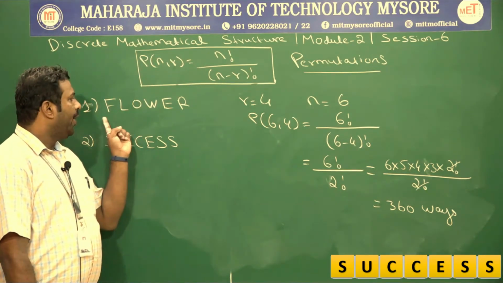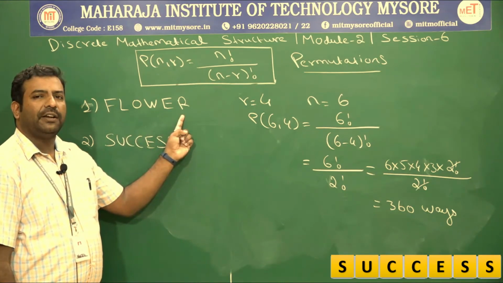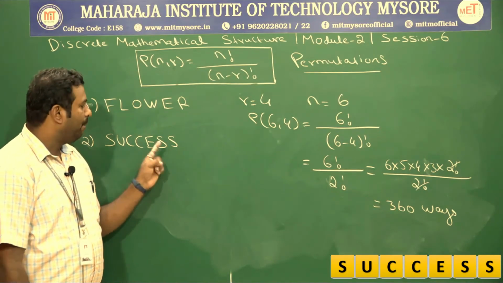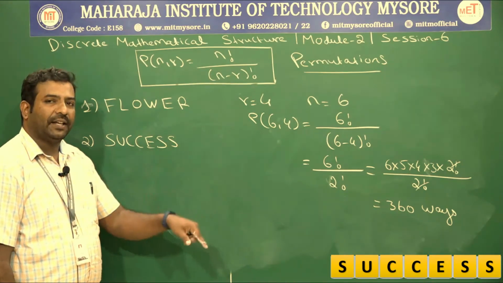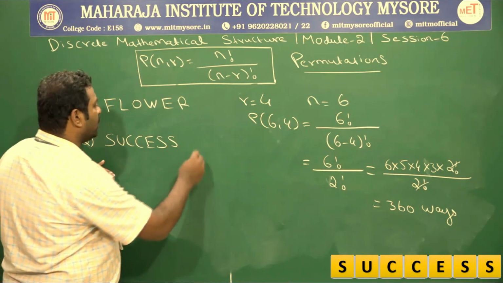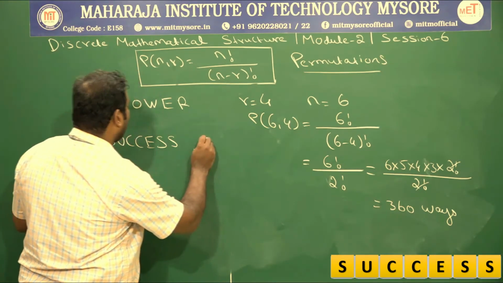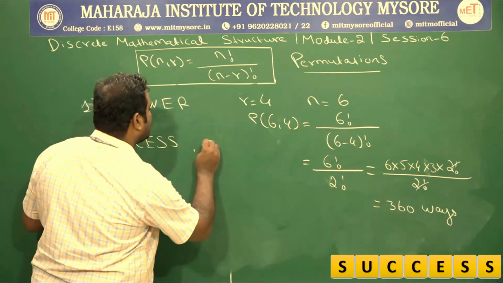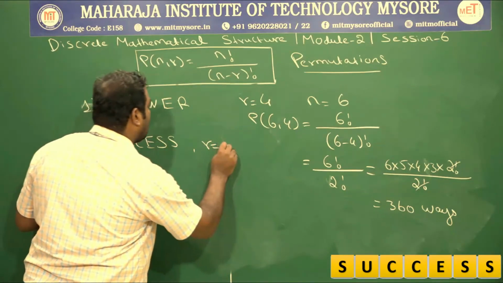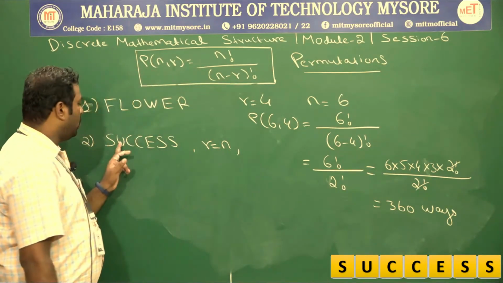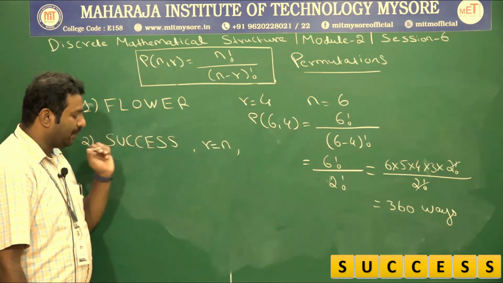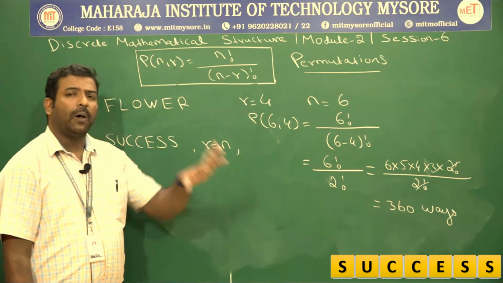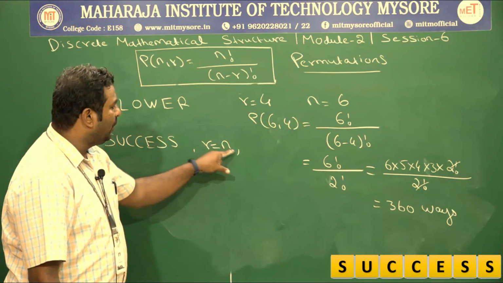Because observe here, all the characters are not distinct, there are a few which are identical. So to solve this, when I find identical characters, R is going to be equivalent to N, which is 1, 2, 3, 4, 5, 6, 7. In this question, I am asking you to pick all the N objects. Hence, R is going to be equivalent to N.